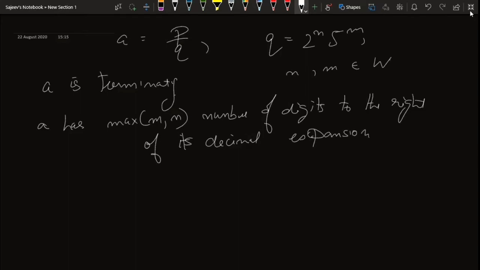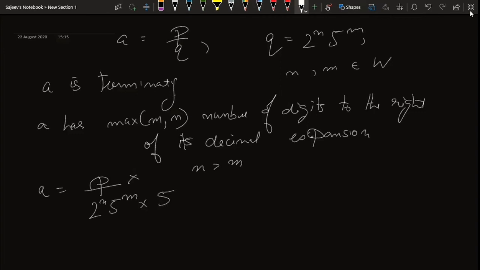Now let's think about why this is true. I can write a as p by 2 power n into 5 power m. Now suppose n is greater than m. Okay, so if n is greater than m, then we have more 2's than 5's, right? So I have to multiply by 5 to get the same number of 5's.